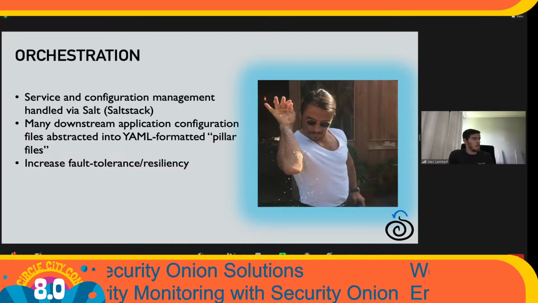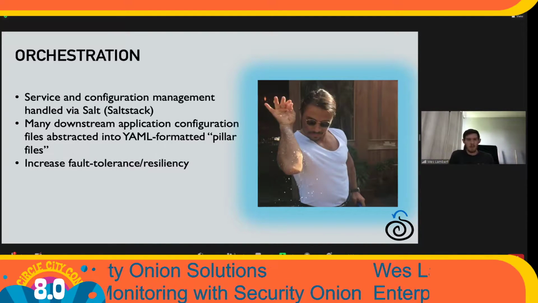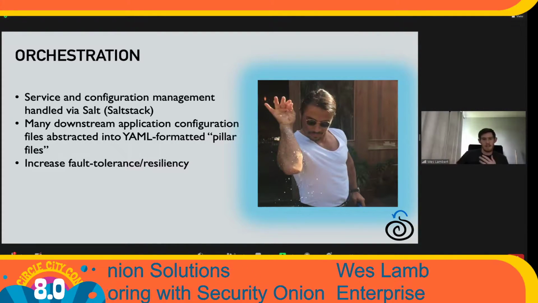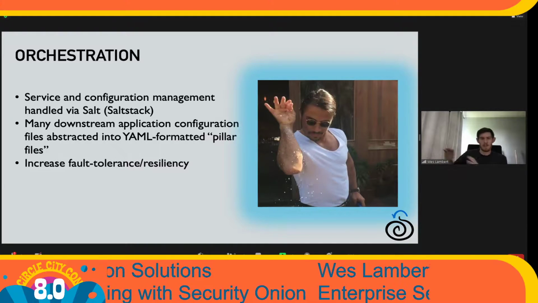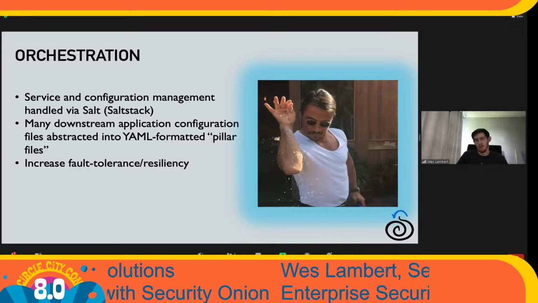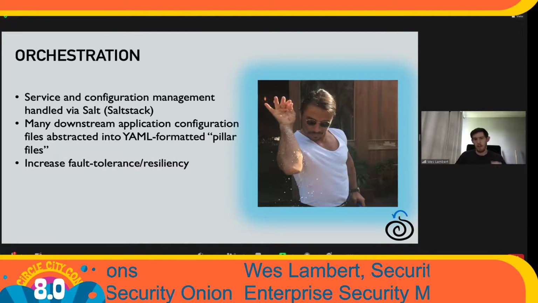There are also many downstream application configuration files that we use Salt in conjunction with. For example, Suricata's configuration file may have its own syntax, even though it is YAML. The IDS tools, which is our rule management application, has its own kind of config file formatted a certain way.